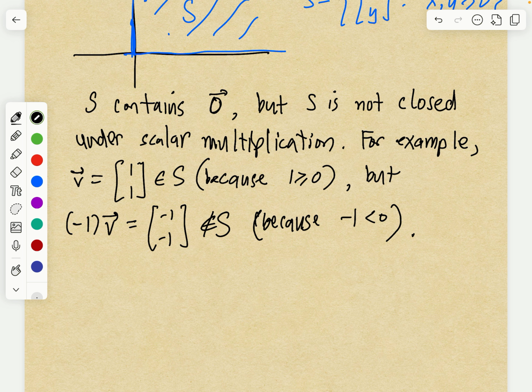Okay, let's look at some other examples. Actually, Rn is a subspace of Rn, because it contains the zero vector, and whenever you add two vectors in Rn, you get something in Rn, and when you take a vector and scale it, you also get a vector in Rn.